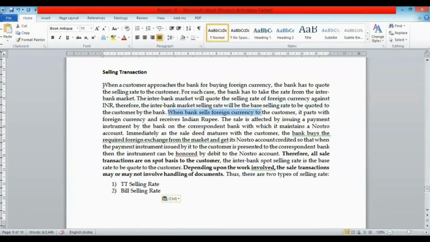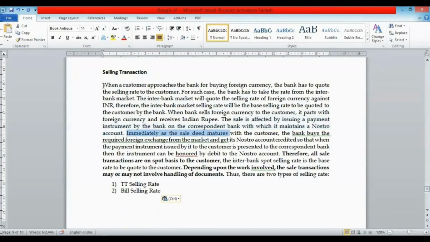When the bank sells foreign currency to the customer, then the bank will part with the foreign currency and receive the Indian rupee. The sale is effected by issuing an instrument by the bank to the correspondent bank, which means it maintains a Nostro account.